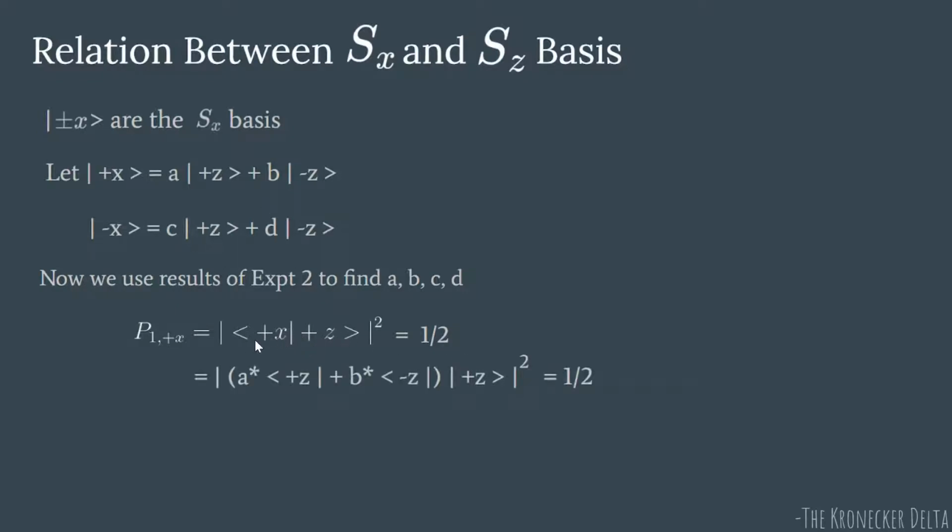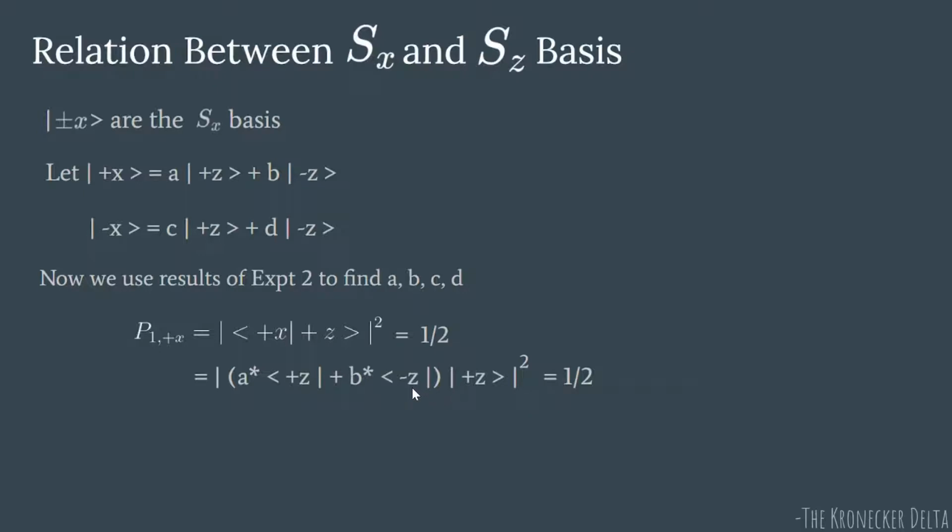Here we have bra plus x, but here what we have taken is ket plus x. So you take the bra form of it. The bra form is obtained by taking complex conjugate of a and b, and these kets become their bras. And then you have this ket plus z as it is, and then mod square equated to 1 by 2. Here, you've just put in the value.